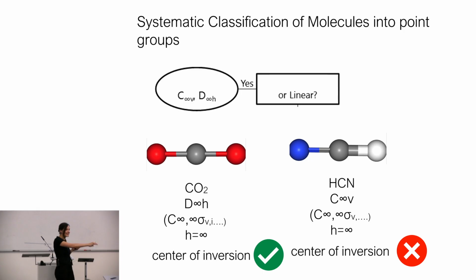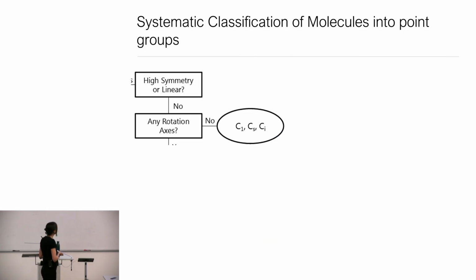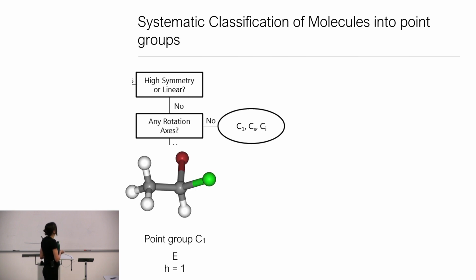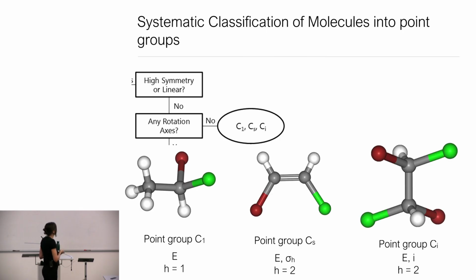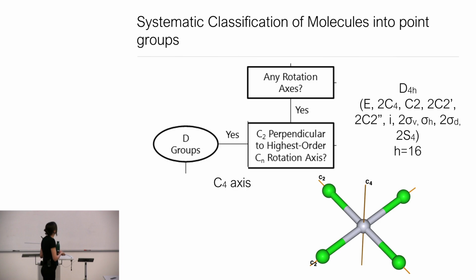You can rotate it any small infinitesimal amount, and it always returns the same molecule. And this we assign as C infinity V. If you don't have a very high symmetry axis, or a particular low symmetry group, then, sorry, we basically already did this. These are the low symmetry groups we already assigned together, so that would be your next option.